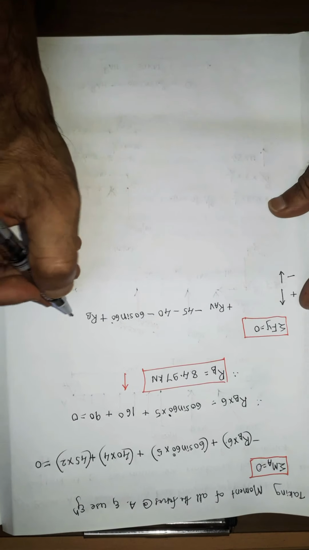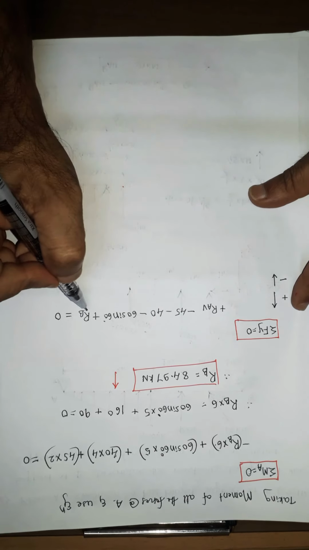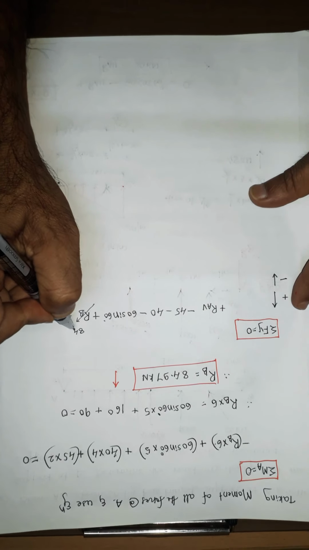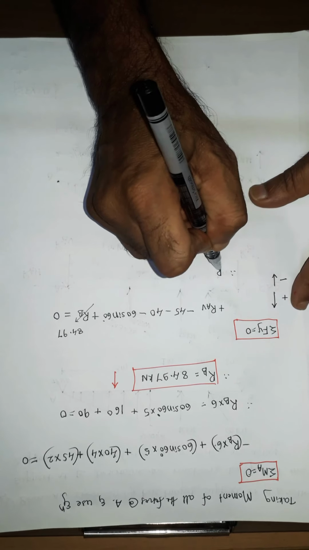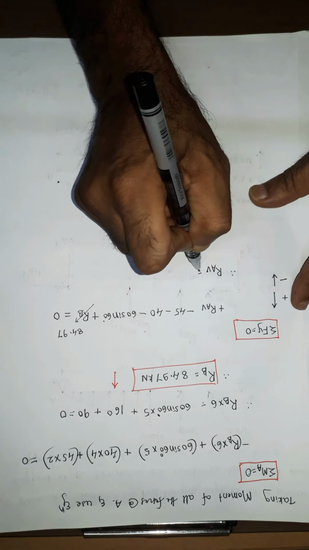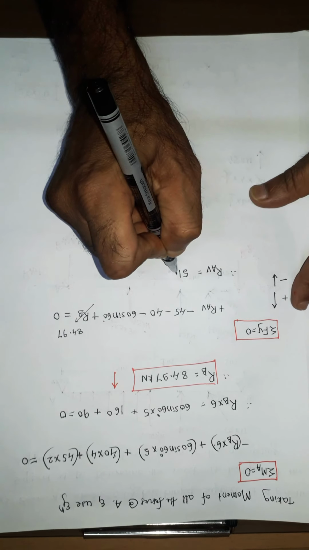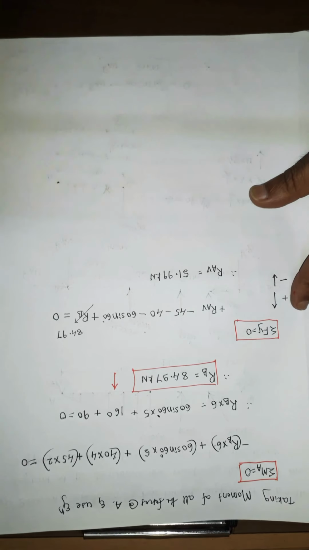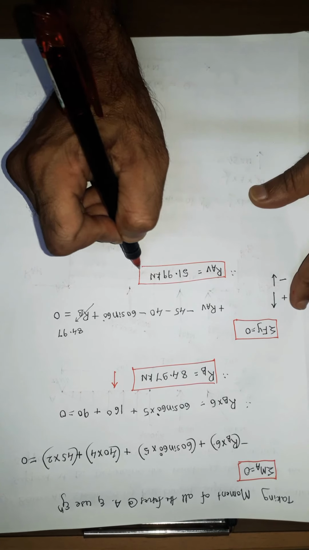This is summation Fy, and it should be equal to 0. Here we substitute the RB value, 84.97, already calculated. So you can calculate reaction RAV is equal to 51.99 kilonewton.